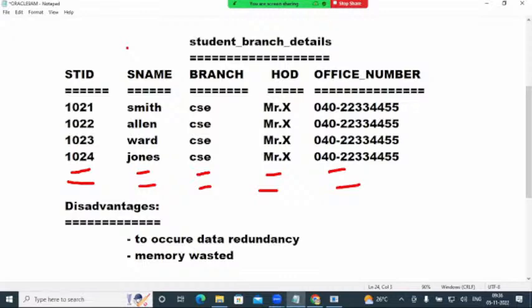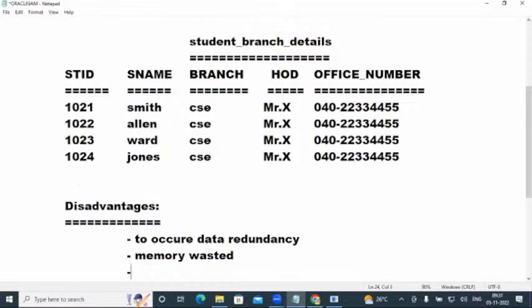Like this, if I insert 120 students' information into this table, a huge amount of duplicate data will be generated. So another problem is also there, that is called the insertion problem. When you insert new data, duplicates increase.